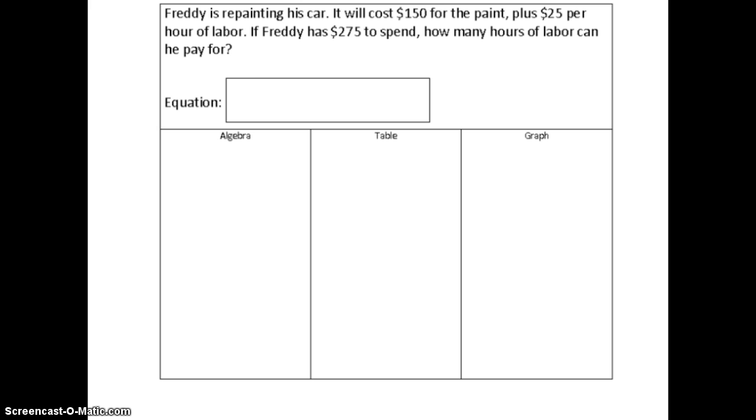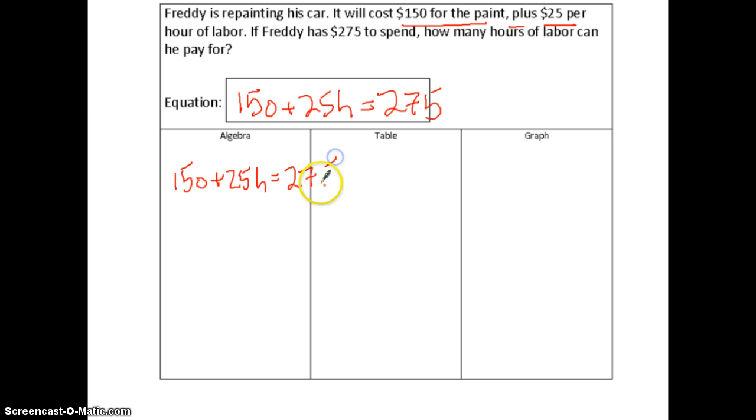Okay, and then this one, I'm just going to write the equation. It's $150 for paints plus $25. I'm just reading this. $150 for the paint plus $25 per hour. 150 plus 25 per hour equals how much he has to spend, which is $275. And then when you solve that, 150 plus 25 per hour equals $275. Getting a little bit sloppy here.